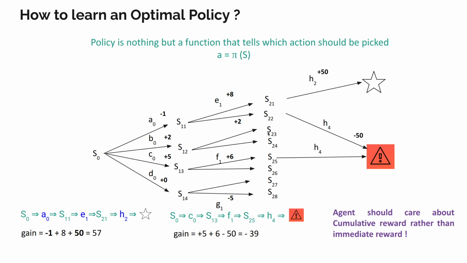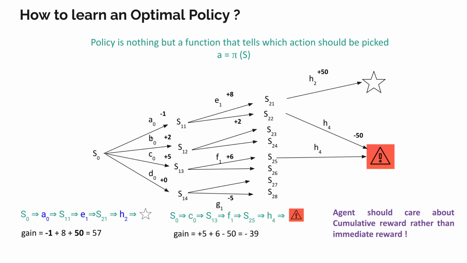If you take this one, C0, you'll reach S13, and from S13 you'll go to S25 and S26. From there is no way to reach this goal state. It will be blocked. You will reach some dead state and you will get penalized for something, right?